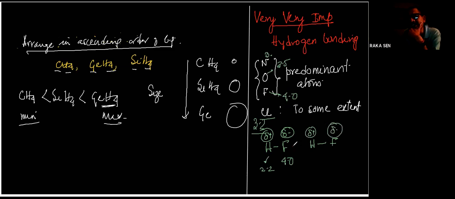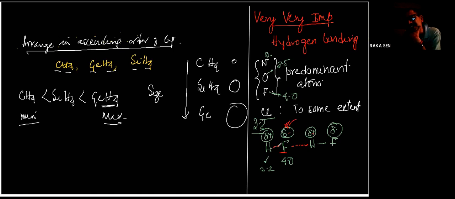So between these two, there will be a hydrogen bond because you have got a minus charge out here and a plus charge out here. Since fluorine is very electronegative, it has dragged a lot of electrons from this bond pair towards itself. So it will be substantially delta negative.